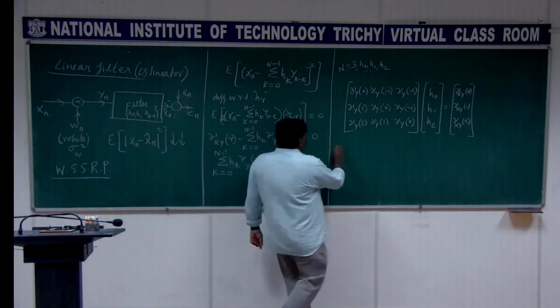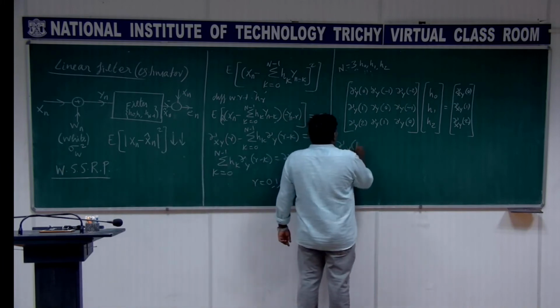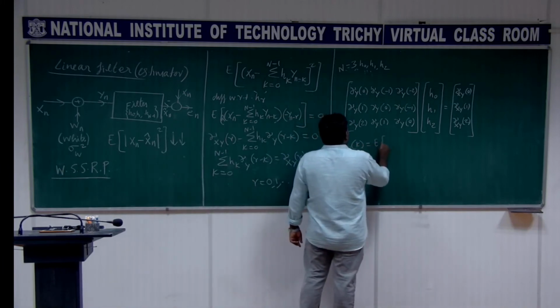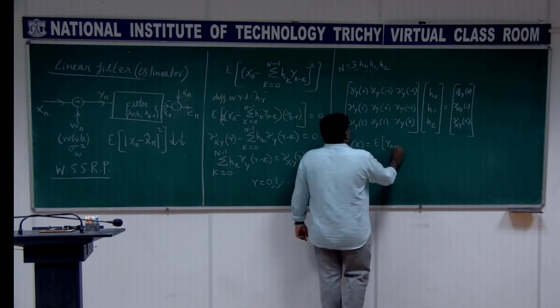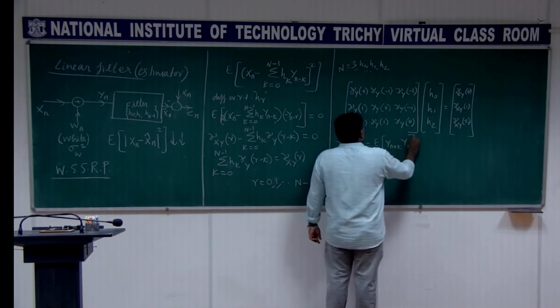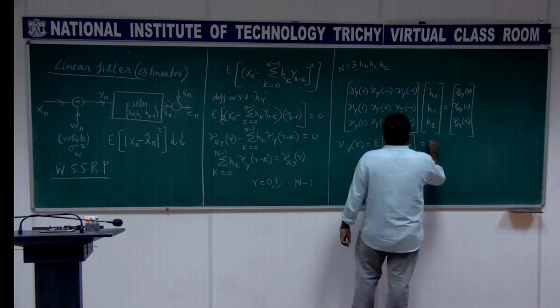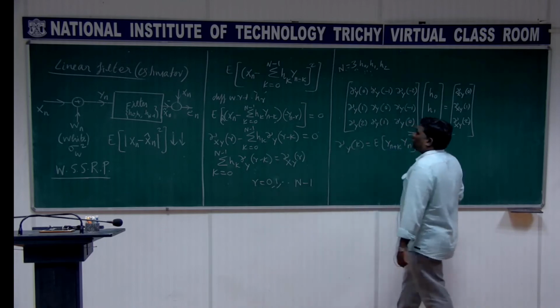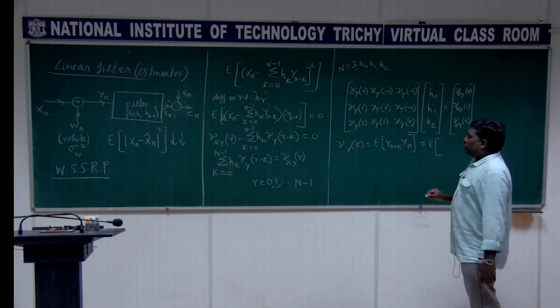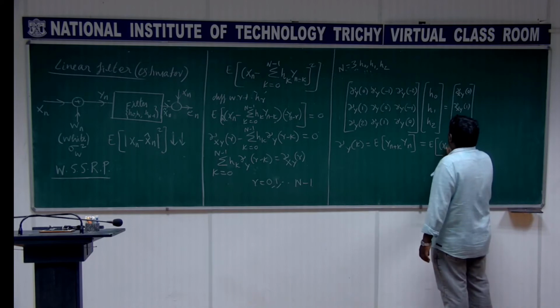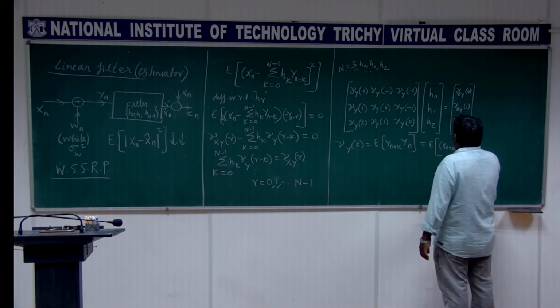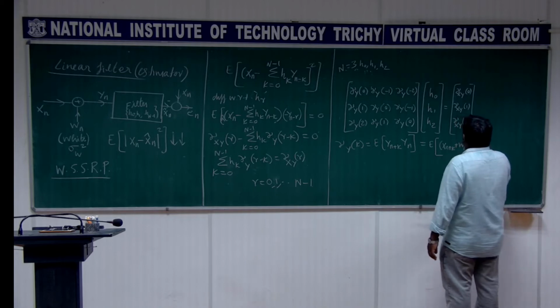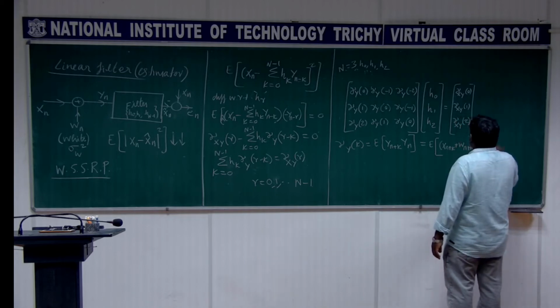Got it? So now what is gamma y of k in general? Gamma y of k is basically the expectation of yn plus k times yn. In place of yn, let me write xn plus k plus wn plus k, into xn plus wn.